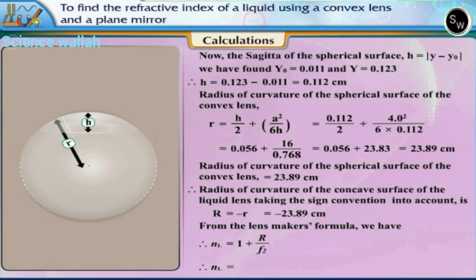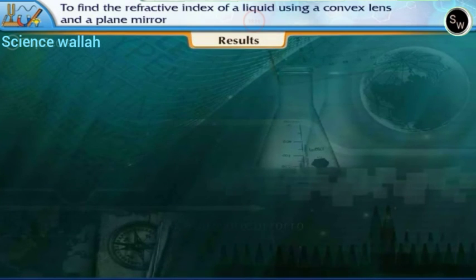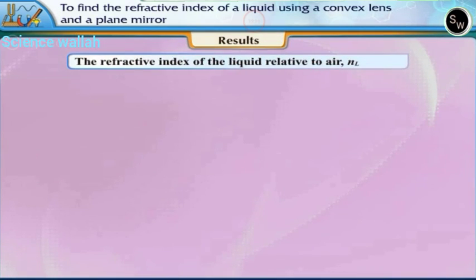Therefore, NL is equal to 1 plus (minus 23.89 upon minus 62.5) is equal to 1 plus 0.38 is equal to 1.38. Result: the refractive index of the liquid relative to air, NL, is equal to 1.38.